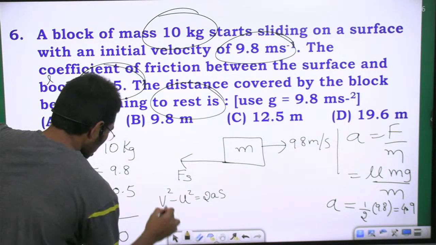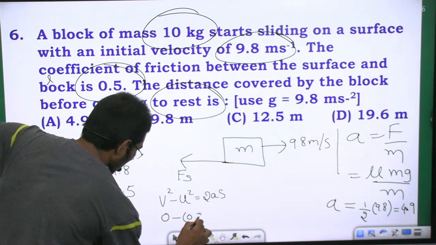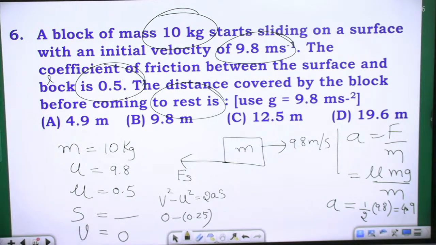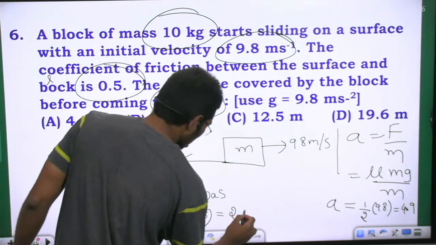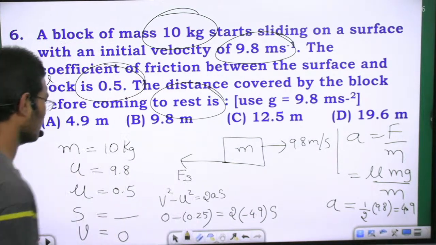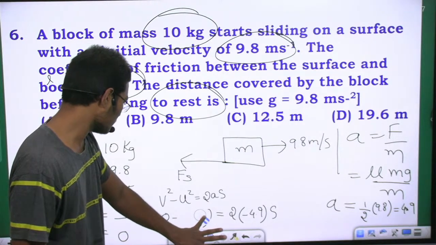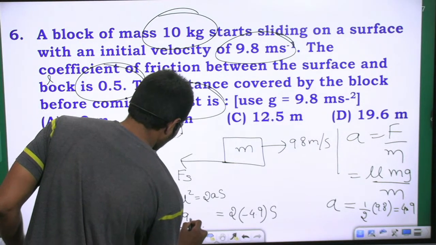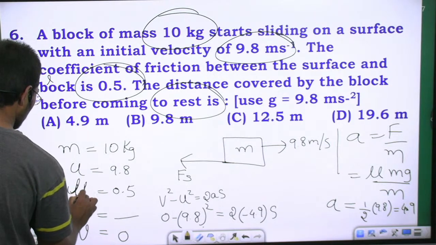The final velocity is 0. The initial velocity is 9.8, sorry, that is the initial velocity, and 0.5 is the coefficient of friction.